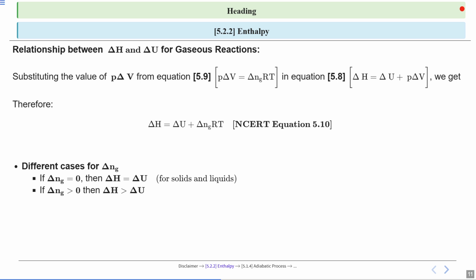When will we get the positive value of delta Ng? When the number of gaseous molecules on the product side is greater. Okay. The third case is when your change in number of gaseous molecules is less than 0. And in that case, you have a greater number of gaseous molecules on the reactant side, and delta U will be greater than delta H in that case. Okay, so I hope you got the three situations, and it's very, very important to consider all of these three. You will notice them here and there.